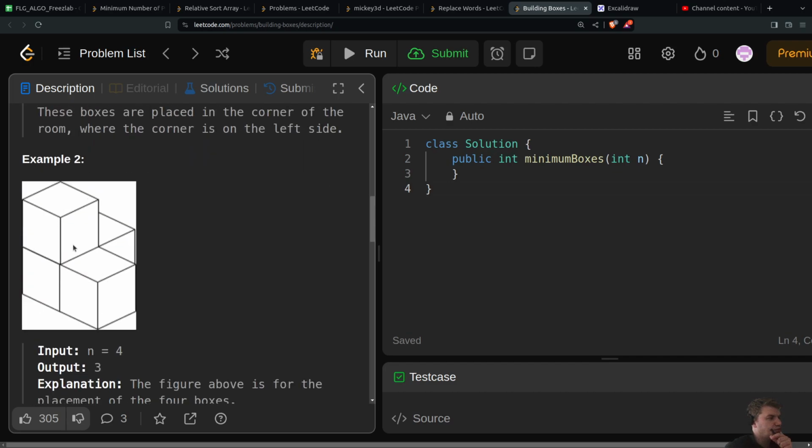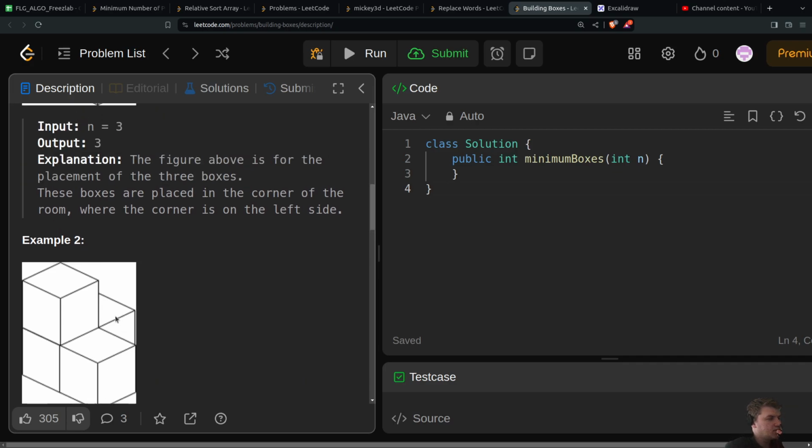So one box can be stacked on another box unless there are left and right, like north, south, east, and west boxes, or if there is a wall next to that box.